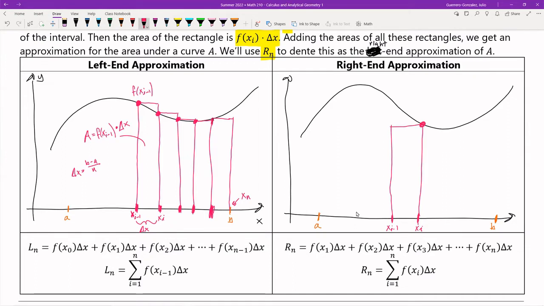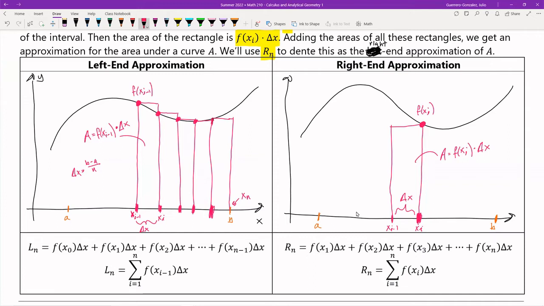It's now dependent on this value right over here, on the right-hand side of that subinterval. So then this means that this height right here is f of x sub i. Same idea, this is going to be a delta x. They're all the same width. And therefore the area here is A equals f of x sub i times delta x. That's where I'm getting my formulas from up above.